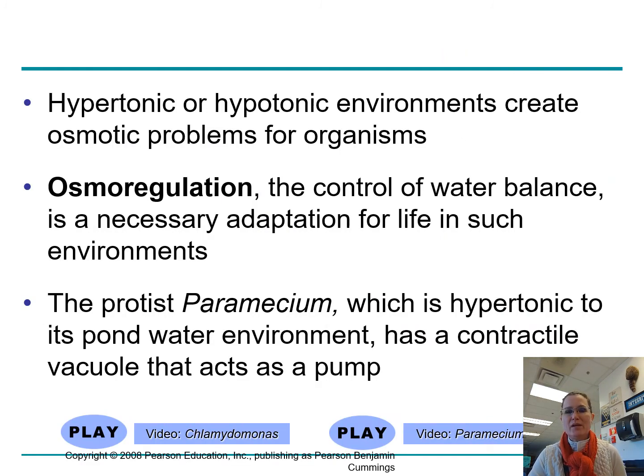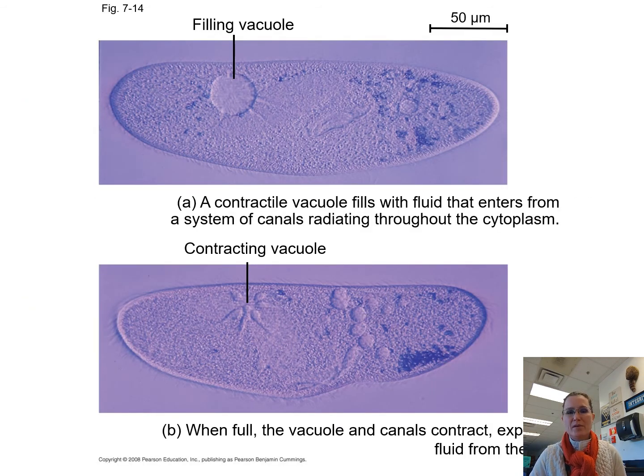And then osmoregulation is how our bodies control the amount of water in our bodies. So it's sort of how we get rid of or gain water to reach equilibrium. And so paramecium do it in a different way. Sometimes they're like, we need some more water.